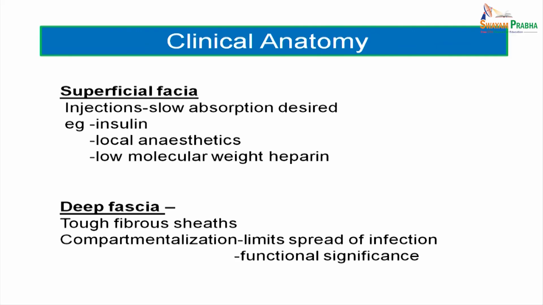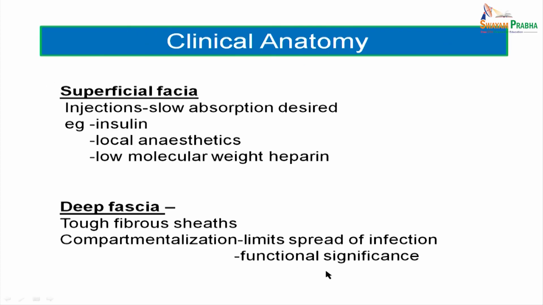If suppose we are talking about the clavipectoral fascia, if the infection is below, it will project into the neck. If it is present above, it will project into the limb. So, by determining where the infection has spread, we can localize it too, and the presence of deep fascia demarcates the infected zone from a non-infected zone, and it limits the spread into other areas.